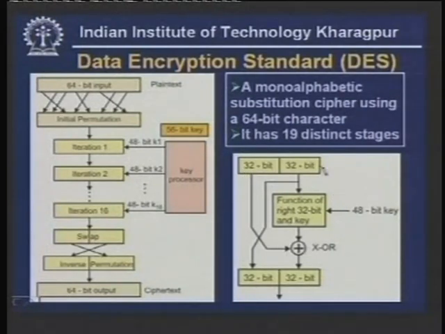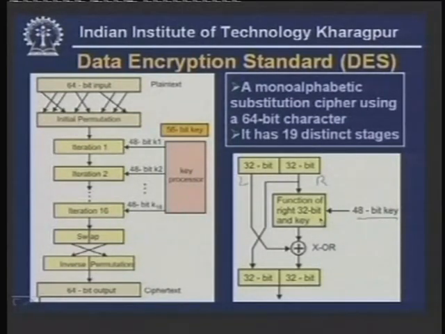Here the 64 bits are divided into two parts, the left part and the right part. The right part is swapped to the left part, and the right part is encrypted with the help of the 48-bit key.